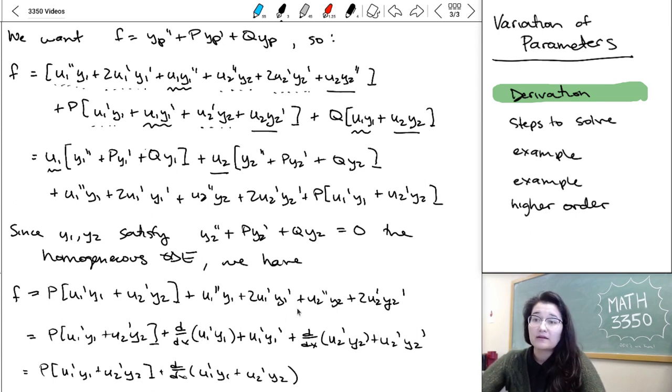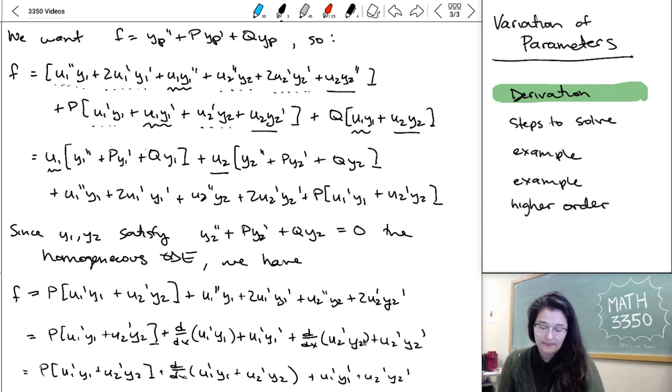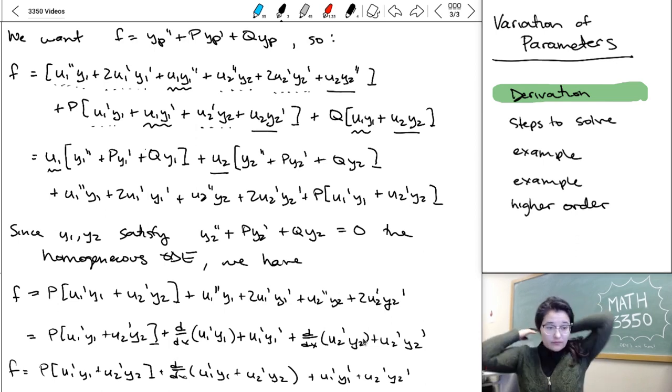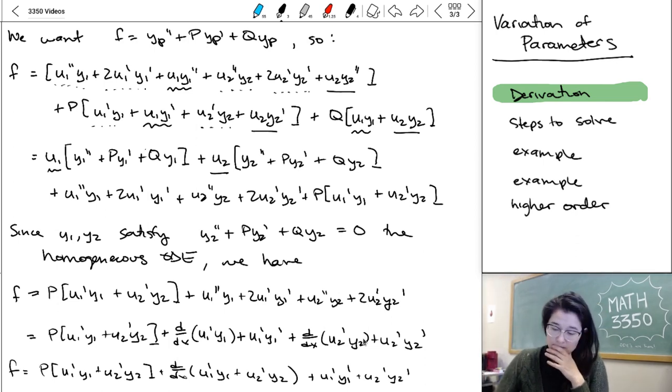So I just combined these two derivative terms plus all the leftover stuff, u1 prime y1 prime plus u2 prime y2 prime. And I want to have this equal to f.